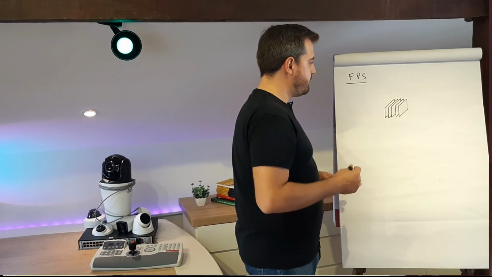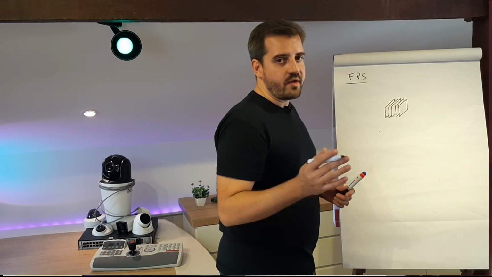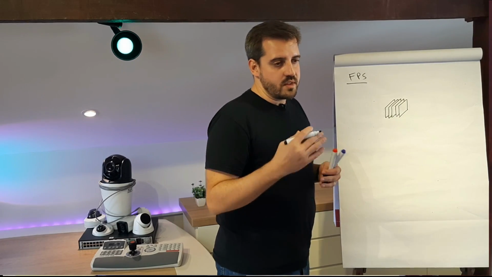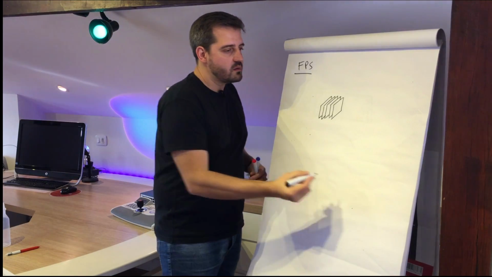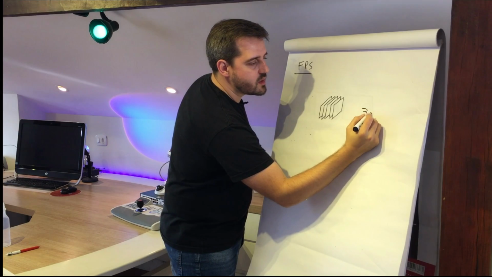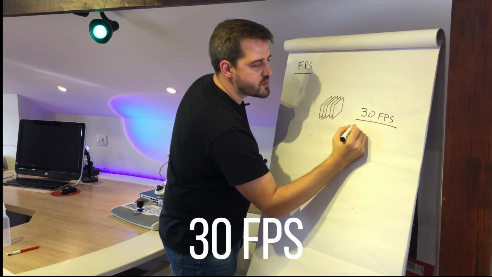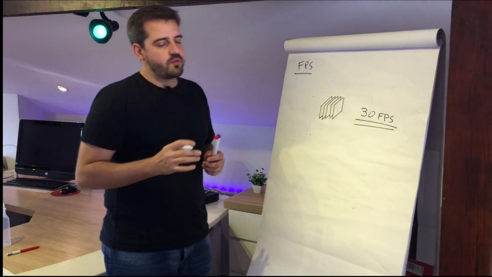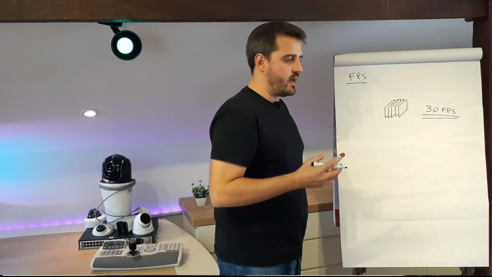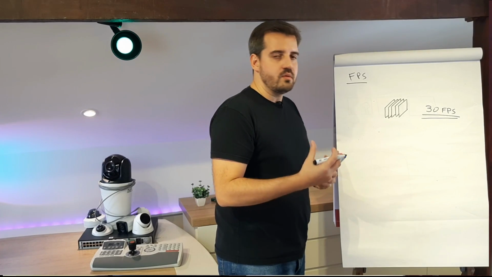We can have different numbers of FPS for each project, but the default, the standard FPS will be 30 frames per second, which is a good value that will have a fluid view of the scene.